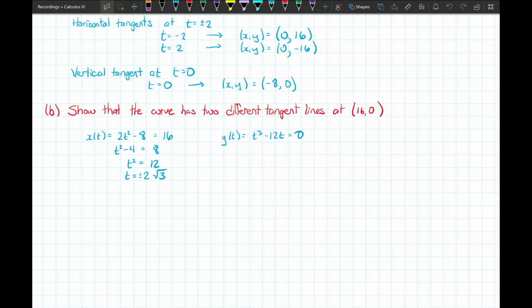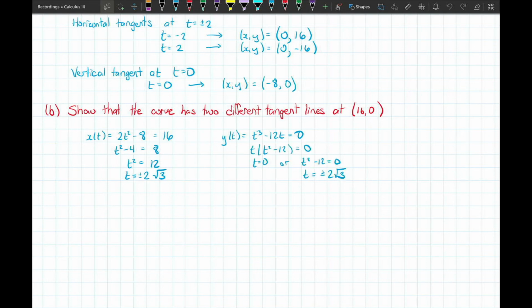So in the first equation, we can divide both sides by 2, and we'll have t squared equal to 12. The square root of 12 can be simplified to 2 root 3, and we have to consider both positive and negative values of t. With the equation on the right-hand side, we can factor a t out, and we'll have t times (t squared minus 12).